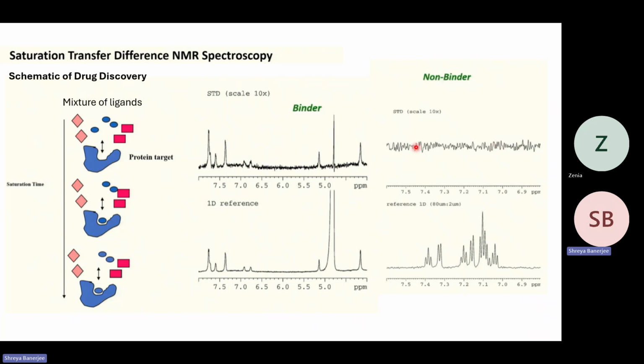That means it is not binding. Or if you have this circle molecule, which is binding, here the 1D NMR is shown like this, and in STD NMR, the peaks will be retained. Intensity might vary, but peaks will be retained. That means it is binding. So using this method, we can screen which are the ligands that are binding and which are the ligands that are not binding. So STD NMR is used like this in drug discovery.